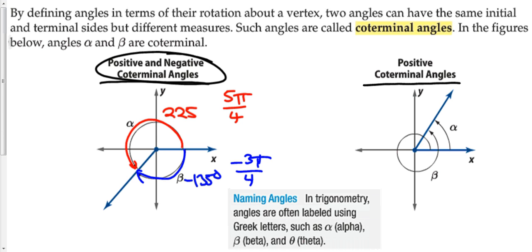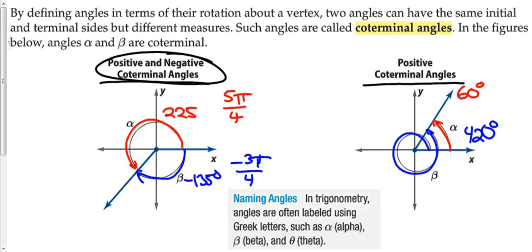Now, this picture on the right shows us two positive coterminal angles. Alpha looks to be about 60 degrees. And then beta still starts at the same spot, but now goes all the way around once, and then another 60 degrees. So that would be 360 plus 60, which gives me 420 degrees.